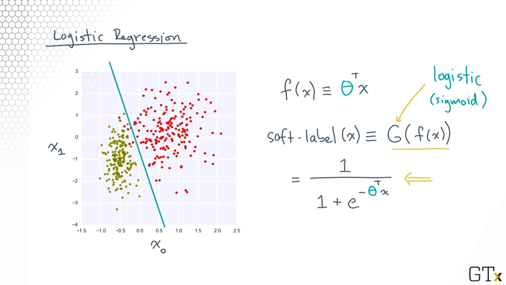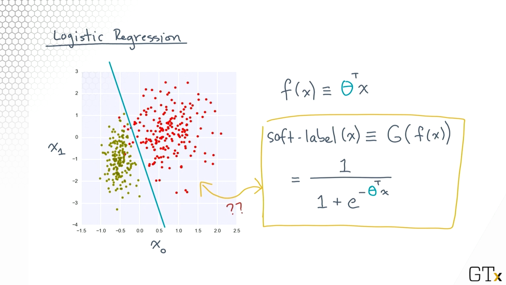So to get labels for classification, you put that score through the logistic function. The net effect is to assign values between 0 and 1, depending on the distance of a point from the boundary. Now, the motivation for a soft assignment is that real-world data is not cleanly separable. So, how do you calculate theta?